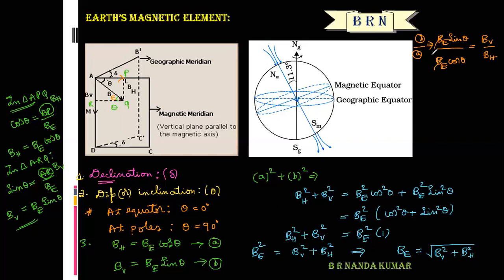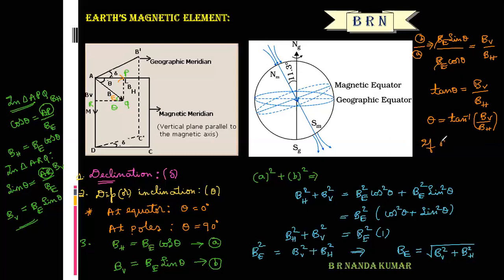So BE gets cancelled. Sine theta by cos theta is tan theta. Tan theta is equal to BV divided by BH. So theta is equal to tan inverse of BV divided by BH. This is the mathematical expression for dip in terms of BV and BH.